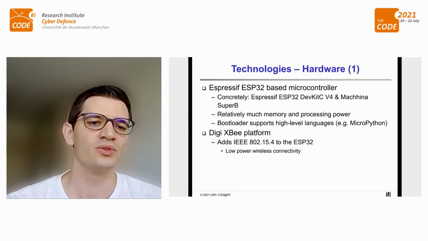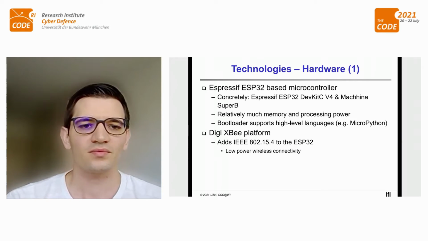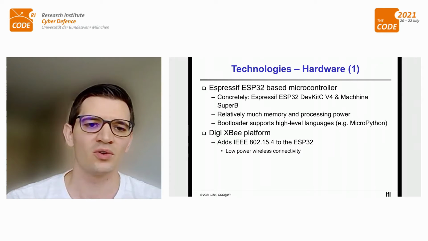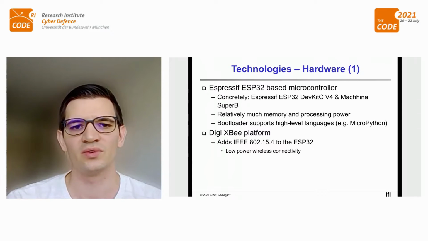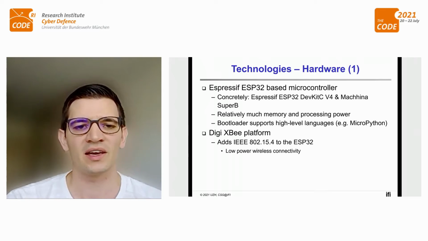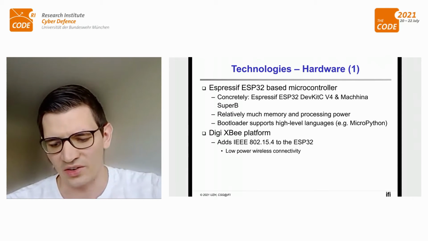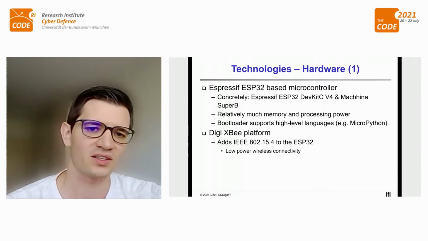On the other hand, we use the DigiXP platform. This is used in our work to add low-power wireless connectivity to the ESP32. Concretely, it is IEEE 802.15.4, which is a very widespread standard for low-power wireless connectivity.